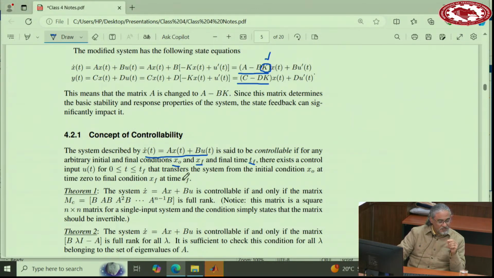So that means any point on the space for the initial condition, any point on the space for final condition, you can find an input that transfers this one to this one within time tf. That's a very strong definition, right? It means basically you can move the variables of the system to any arbitrary locations that you want. So that is the definition of controllability.